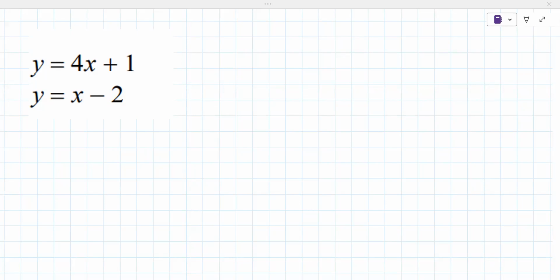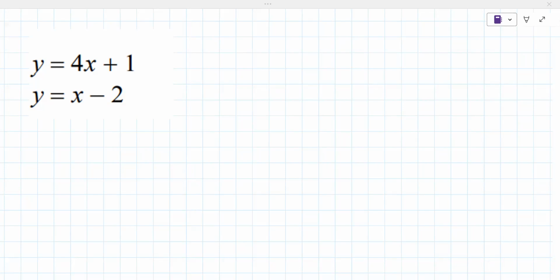So 3x plus 1 equals negative 2. And subtract 1 from negative 2 and 1. Then negative 2 minus 1 is negative 3.